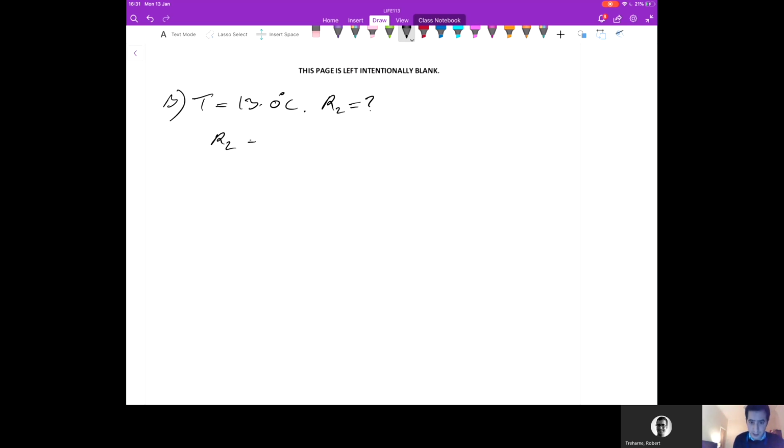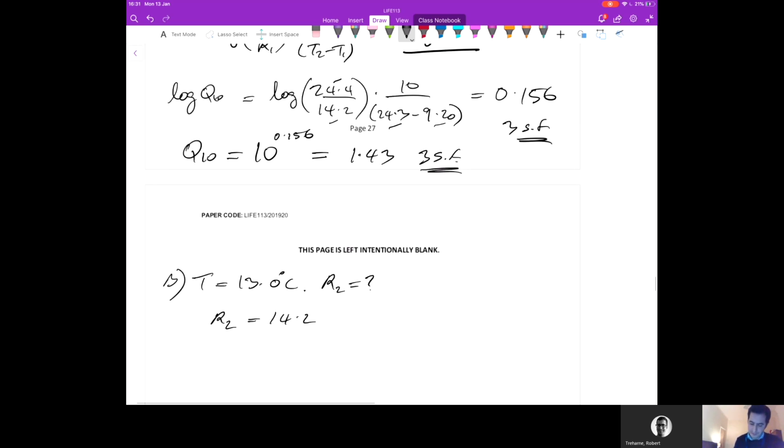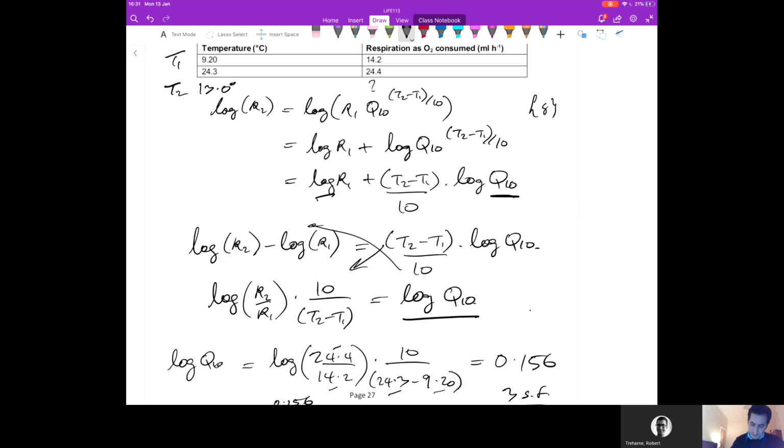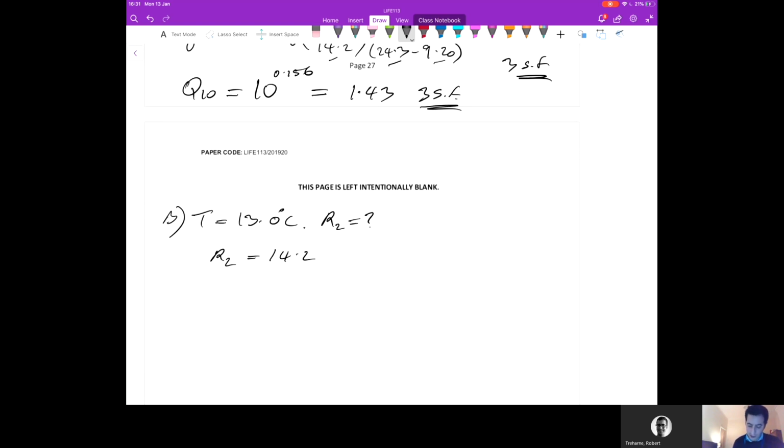R2 is equal to 14.2 times the Q10 that I've just calculated, 1.43, all to the power of T2, which is 13.0 degrees, minus 9.20. And of course, that's all divided by 10. I do it on my calculator and it gives me a value of 16.3. Again, 3 significant figures, 4 marks, if you're consistent with your significant figures.